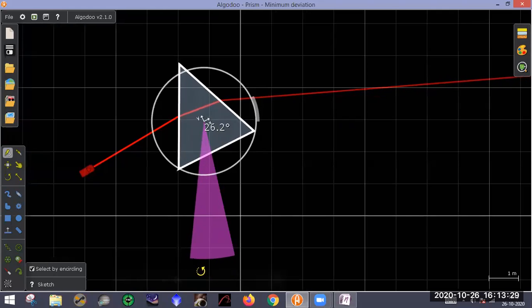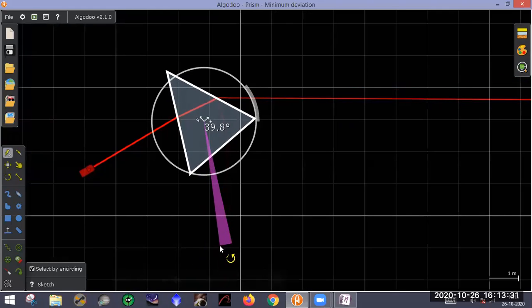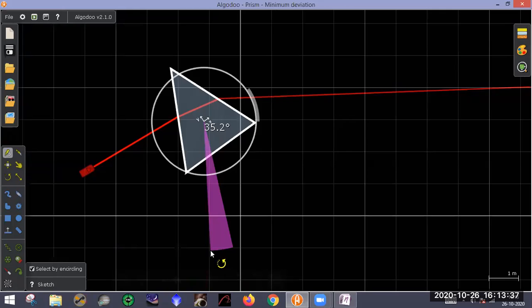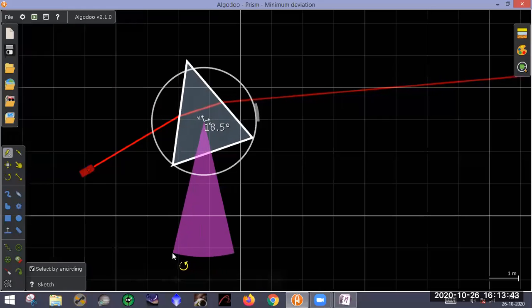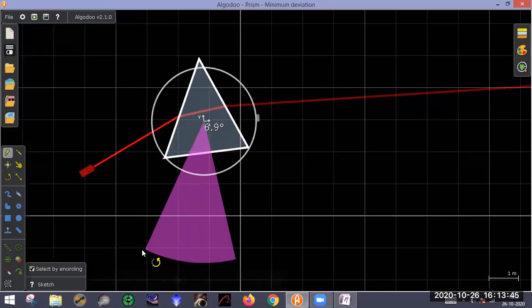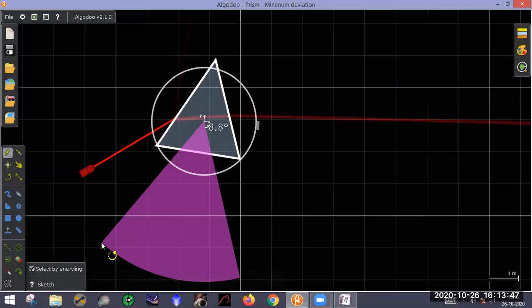And at some angle, this red ray, the emergent ray, just stops going up and then starts coming down. Do you see that? It's coming down once again, which means the deviation has increased.